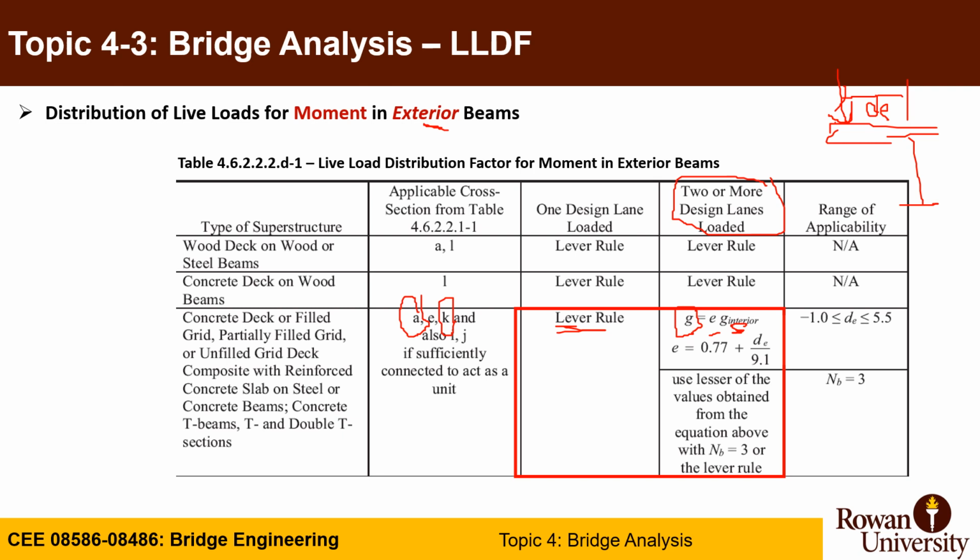And if you have only 3 girders in your cross section, you use the lesser of that and the lever rule.